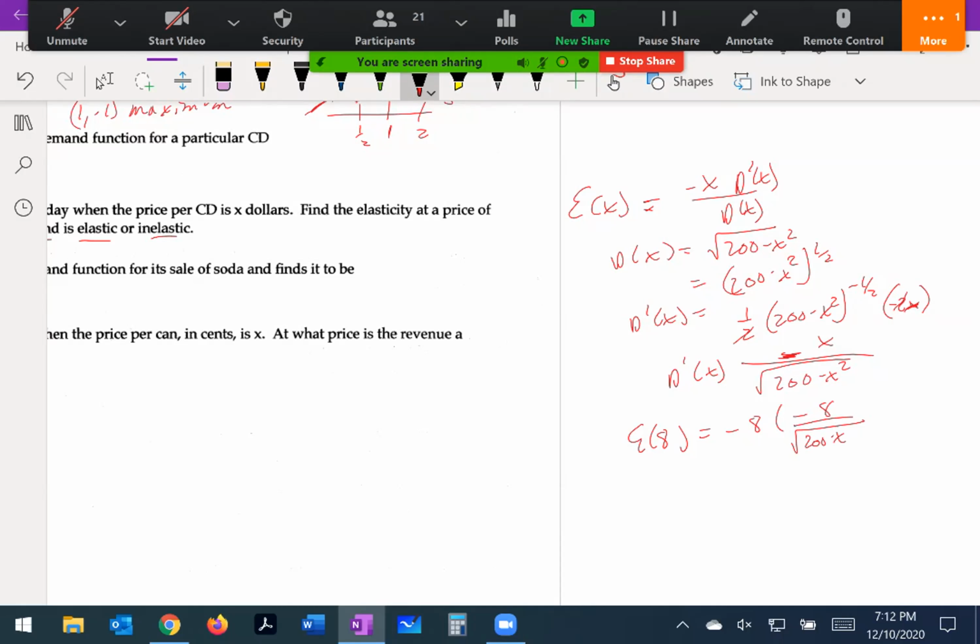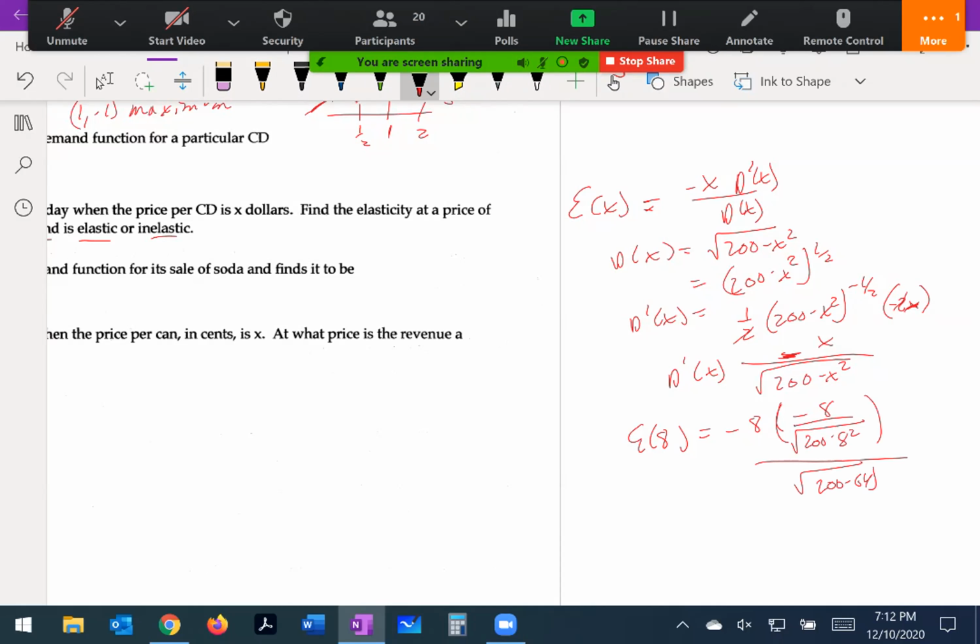Okay, 200 minus 8 times 8, which is 64. Okay, all over d of x, which is the square root of 200 minus 8 squared again, or 64.